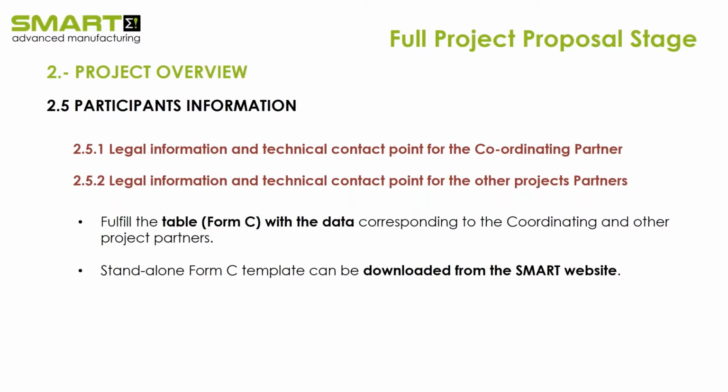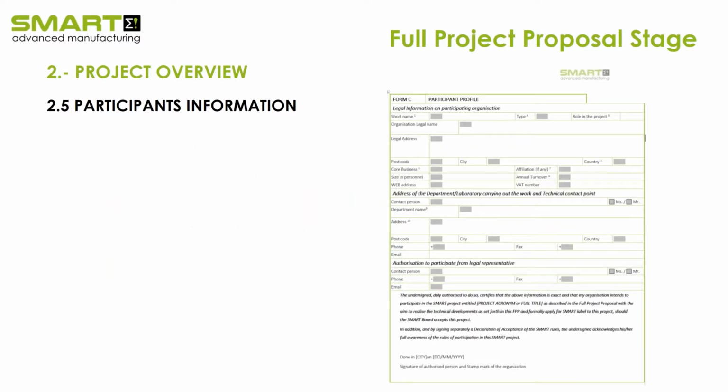Okay, there is a Form C accessible on our website where you can download all this information. And I will show later where you can find it on our website. This is the Form C in particular. So, no critical information. It's just the administrative information for each one of the participants in the consortium.